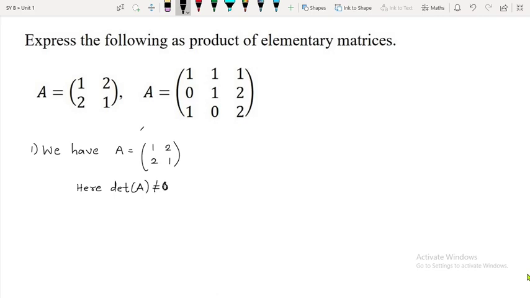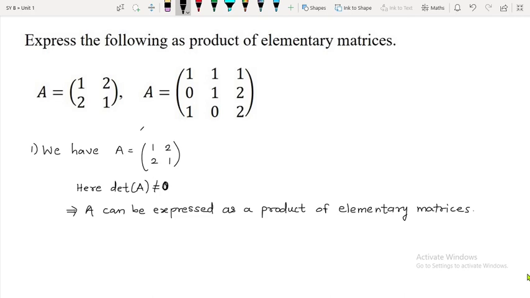Okay, determinant शोधण्याची गरज नाही आहे. So non-zero आहेच लगेच दिसतं. It is 1 minus 4, I guess, which is minus 3. That is non-zero. So this implies A can be expressed as a product of elementary matrices.